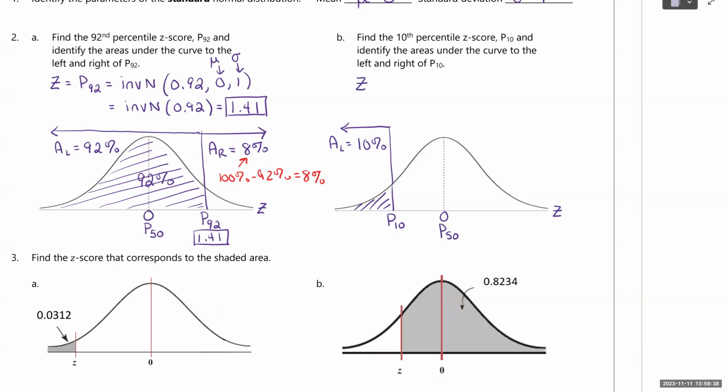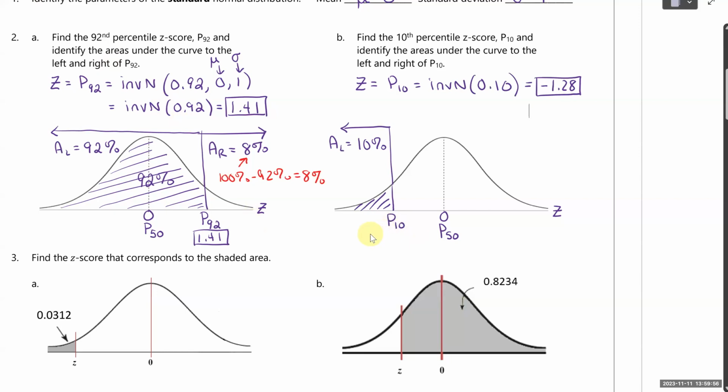So if we want to find that z-score, the 10th percentile, we can inverse norm that area to the left of it. And you can check that out, make sure you get negative 1.28. A negative answer makes sense on the number line because negative 1.28 would be to the left of 0.